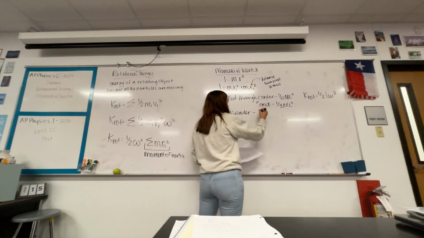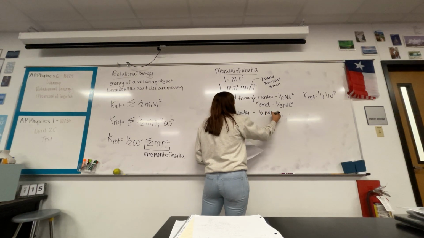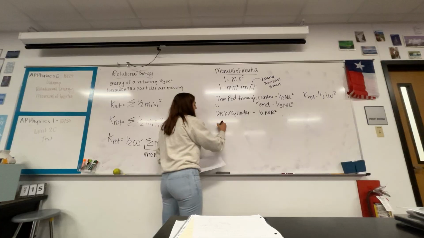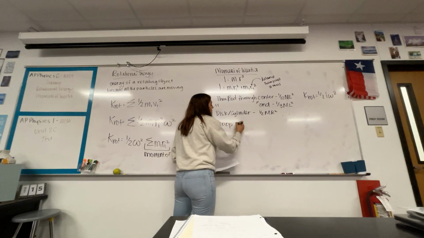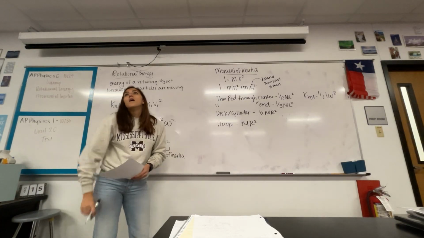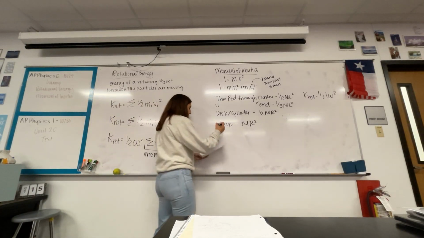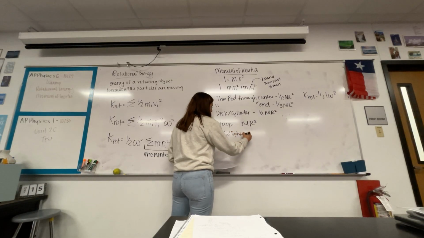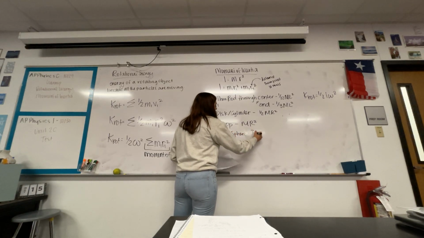Now, if you're like, I'm never going to do the calculus, I would much rather just memorize, I feel you. However, they are going to give you at some point a weird moment of inertia for some weird shape that they've come up with all on their own. And you're going to have to figure it out.